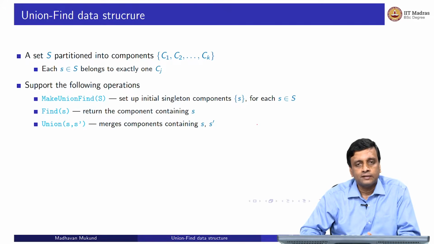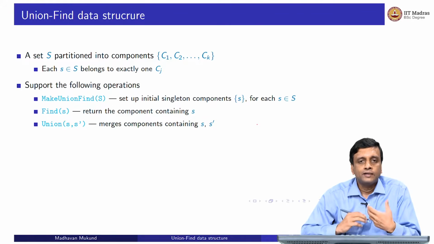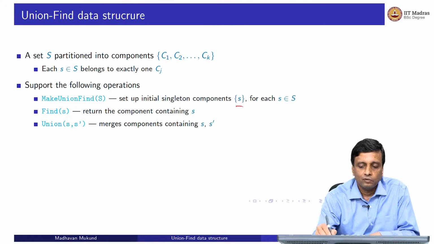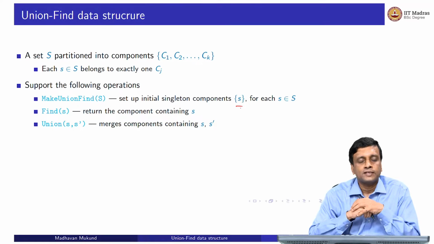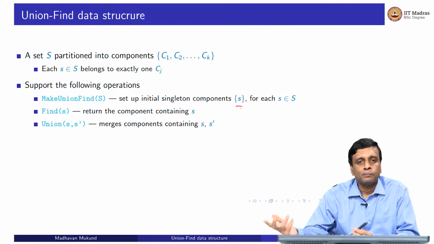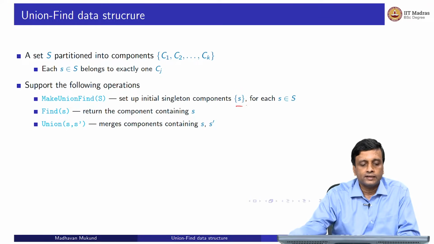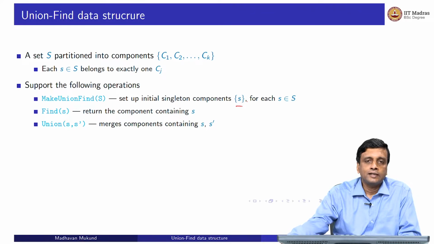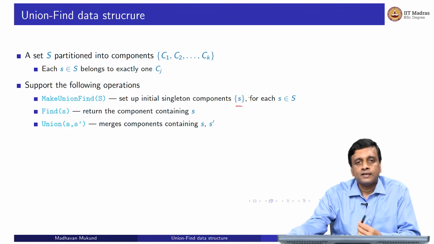So the initial partition is going to be the one where every element is on its own. So you have a singleton partition containing just s for every small s in your set, and then we have these two operations, as we said, find and union. So find tells us the name of the partition or the name of the component that s belongs to, and union, given two set elements s and s prime, gives us back a single component for all the elements in the same component as s and s prime together.